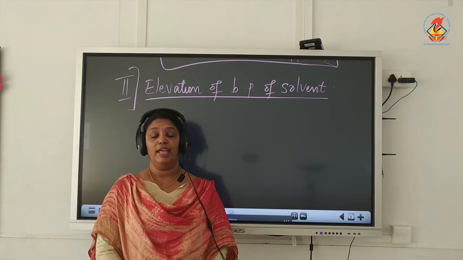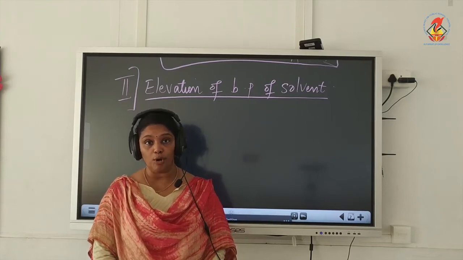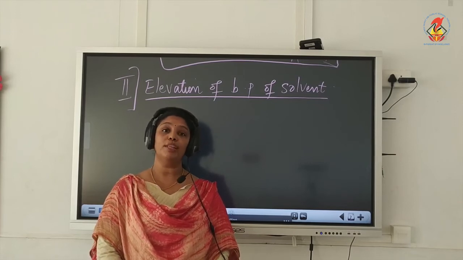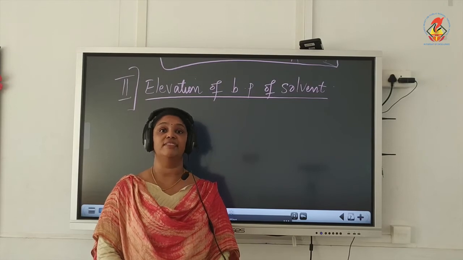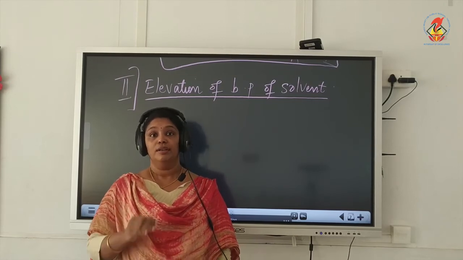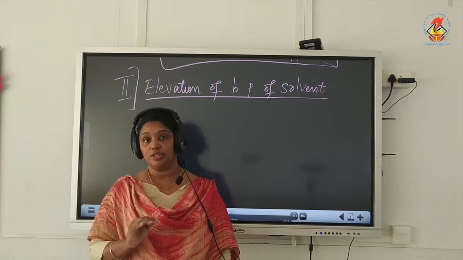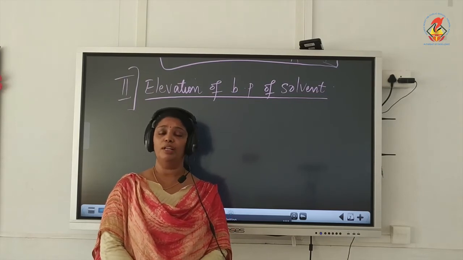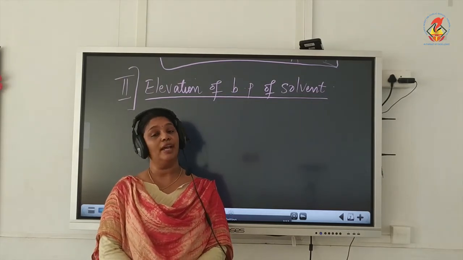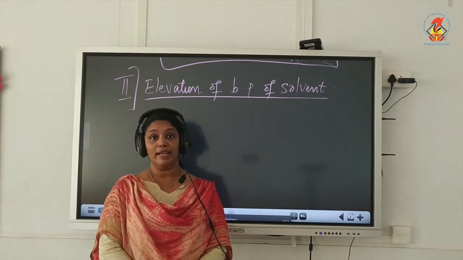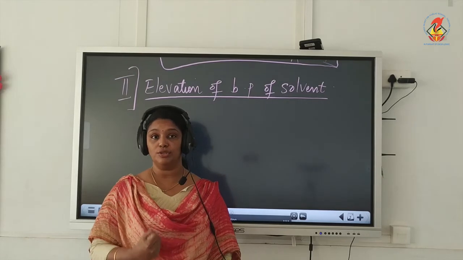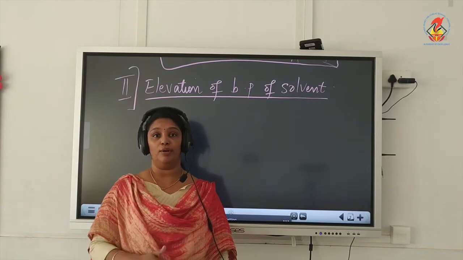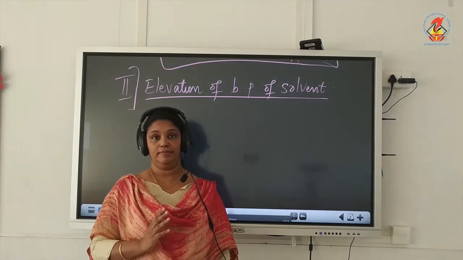If I want to make that solution boil, I should increase the temperature above the boiling point of pure water, that is 373 Kelvin, so that the vapor pressure of the solution becomes equal to the atmospheric pressure. A solution will boil only when its vapor pressure becomes equal to atmospheric pressure.